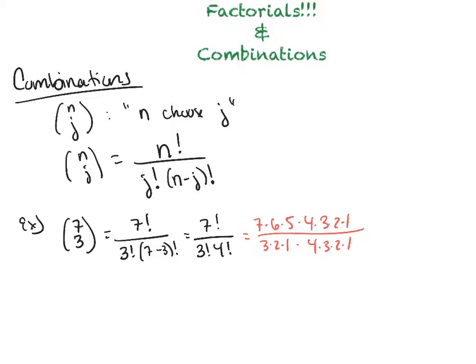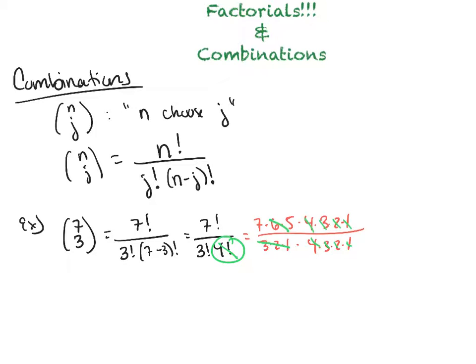What is fabulous about having a fraction that involves a lot of factorials is there is a ton of cancellation that happens. So notice the way I wrote this, 4, 3, 2, 1, all cancels. So this 4 factorial totally cancels away with much of the 7 factorial. And I'm left with 7 times 6 times 5 over 3 times 2 times 1, but 3 times 2 is 6.